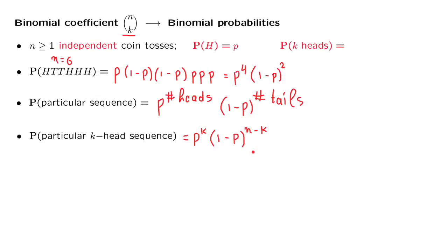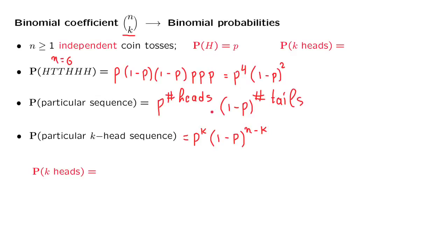Now we're ready to consider the actual problem that we want to solve, which is to calculate the probability of k heads. The event of obtaining k heads can happen in many different ways. Any particular k head sequence makes that event occur.